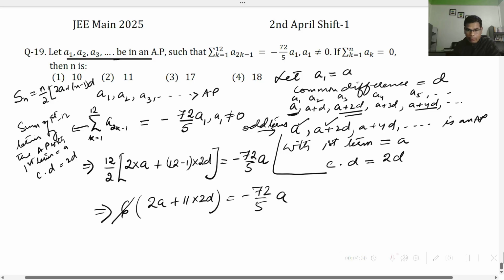We can remove this 6 on both sides, so 6 into 12, which implies twice A plus 11 into 2D, or straight we can take 2 common, so we have A plus 11D inside the bracket. This is equal to minus 12 by 5 A. Again, this 2 and 12 cancel, giving 6.